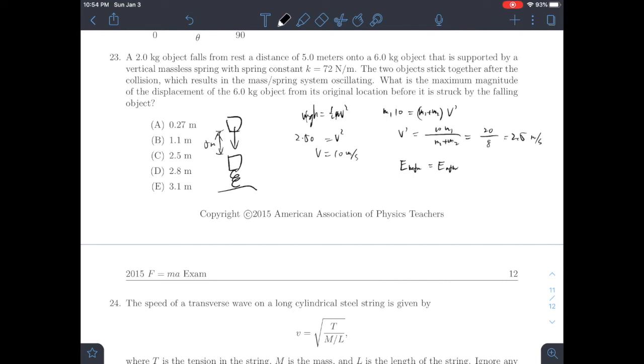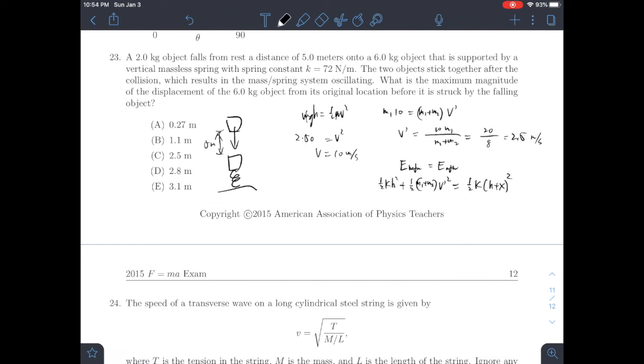So what is the energy of the system before? We first have 1/2 k h squared, where h is the original compression of the spring by the resting block, plus 1/2 (m1 plus m2) v prime squared, right? Which is the kinetic energy of both masses.